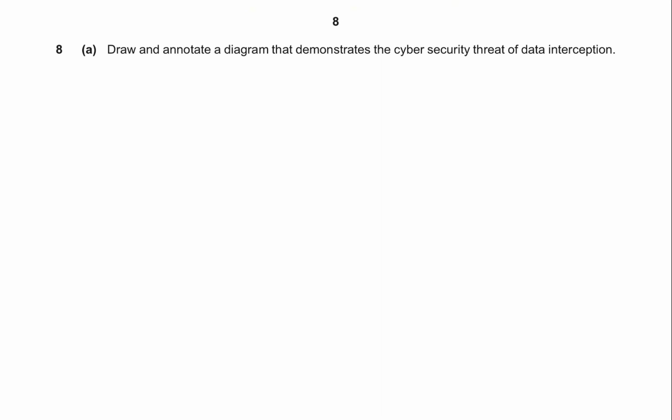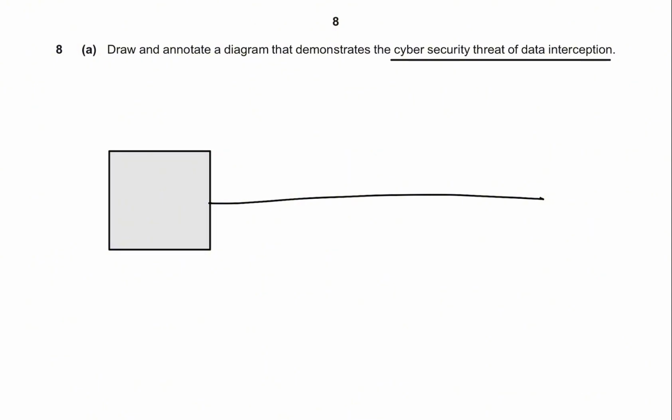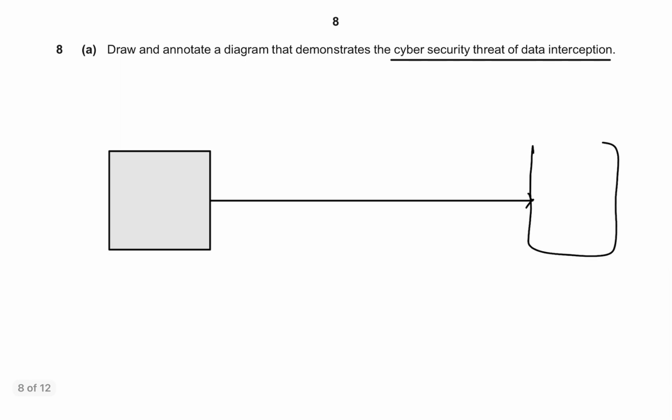Question 8 says, draw an annotated diagram that demonstrates a cybersecurity threat of data interception. Pretty easy. Just draw one computer. Sorry for my bad drawing. And then it will go to another computer, because since it's cybersecurity, obviously the data from the other system needs to be seen.